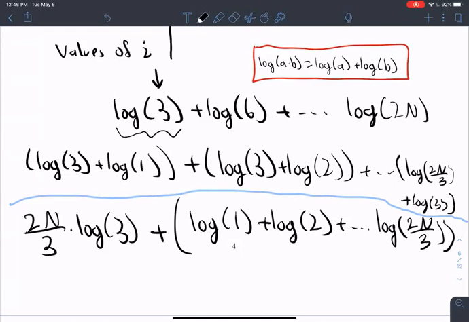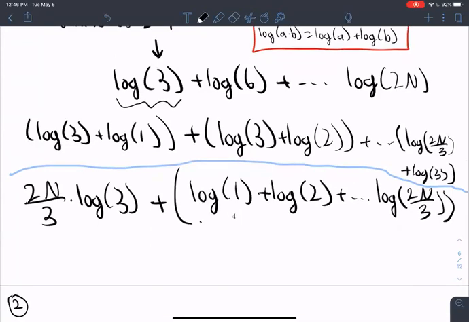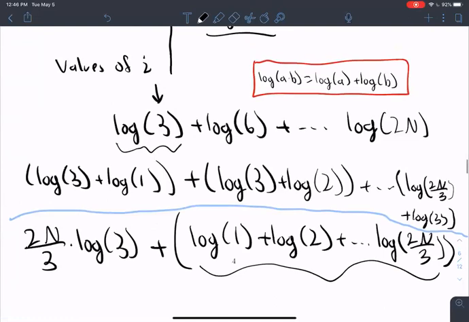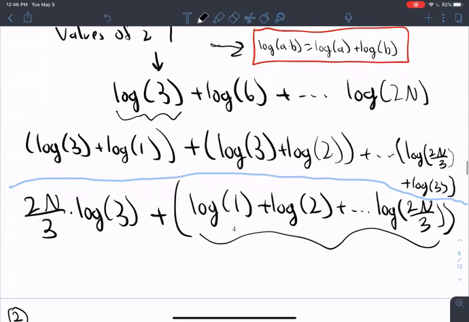And now you can simplify this, basically reversing this part here, and you're going to multiply all of the different arguments together. You're going to get something pretty close to n factorial, right? Because it's going to be 1 times 2 times 3 times 4 all the way to 2n over 3.